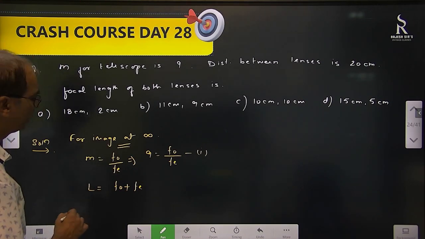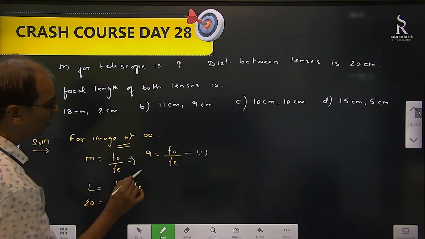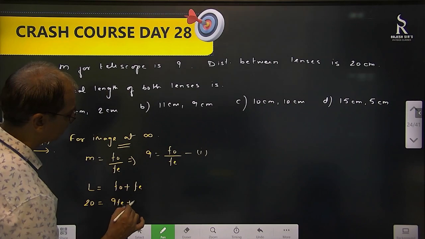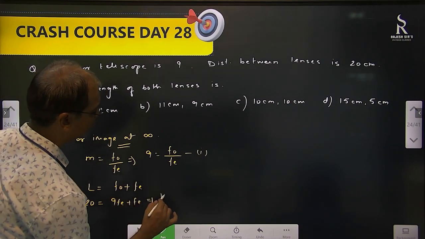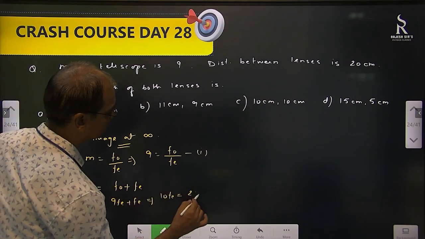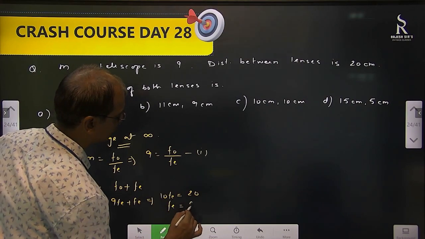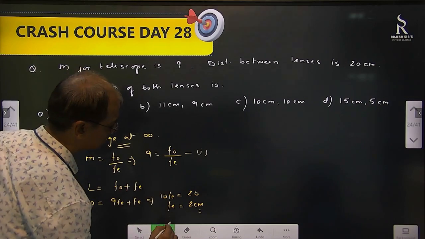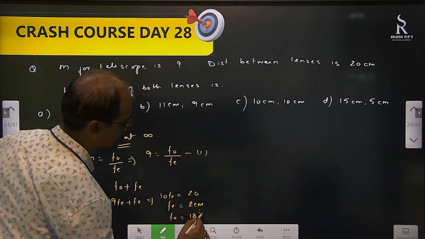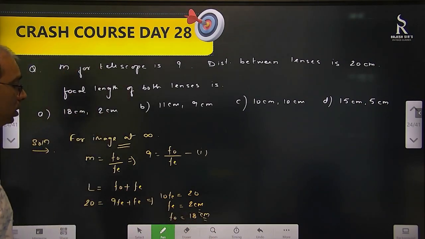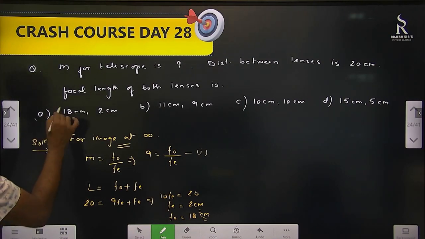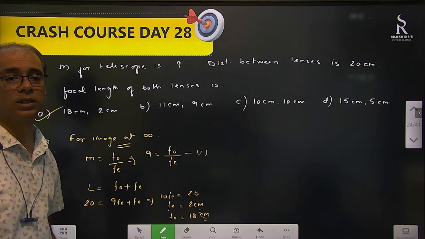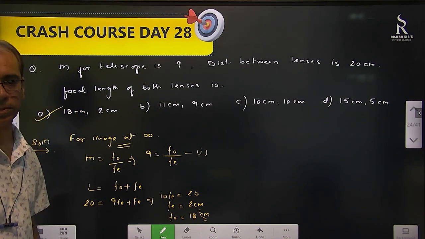L value given is 20. From here I am getting FO is 9 FE. So 9 FE plus FE, that is 10 FE equal to 20. So FE is 2. If FE is 2, that means FO is 18. We have to check, is it there or not there? 18 and 2, it is there. And we have only one option correct, so definitely it is there because it is satisfying one of the cases.